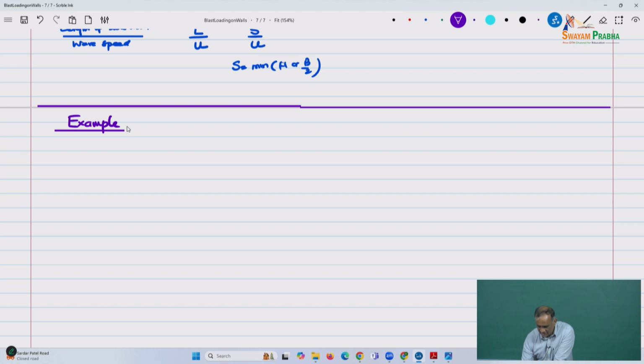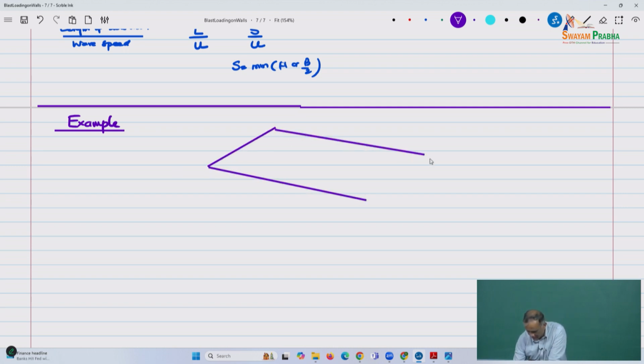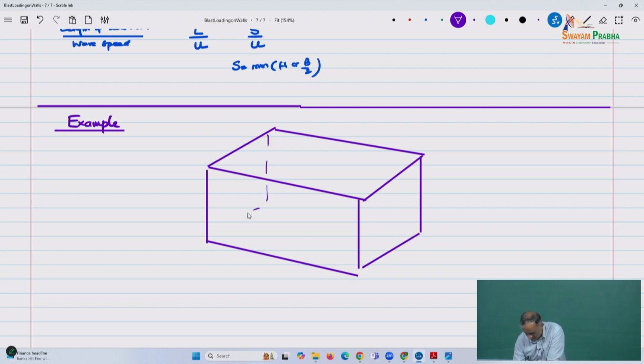So let's say you have a building. As I mentioned, this would be part of what you'd be doing this afternoon as well. And so the dimensions that are given are, this is 30 feet and 12 feet. And that seems to be very low, but that's okay for this example.